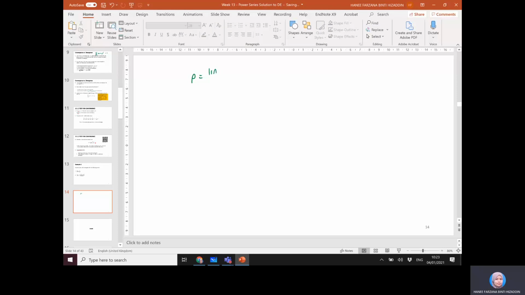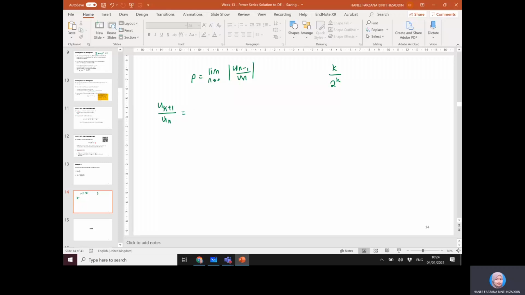So go back to the ratio test. As n approaches infinity, u_(n+1) over u_n. Now you can just replace the n with k, because the series you're given is k over 2 to the power of k.